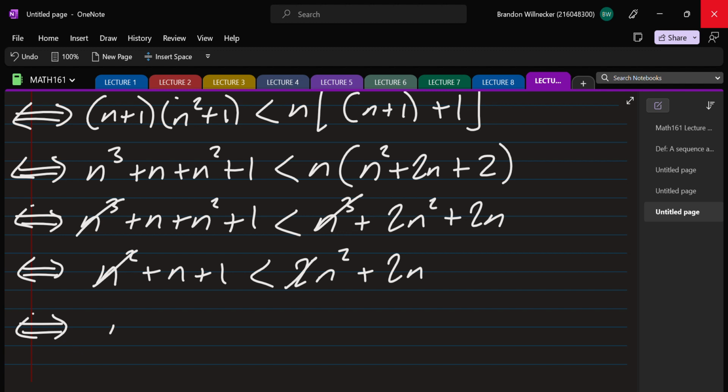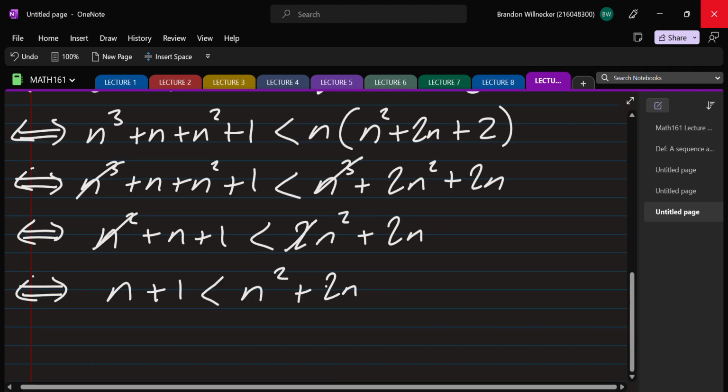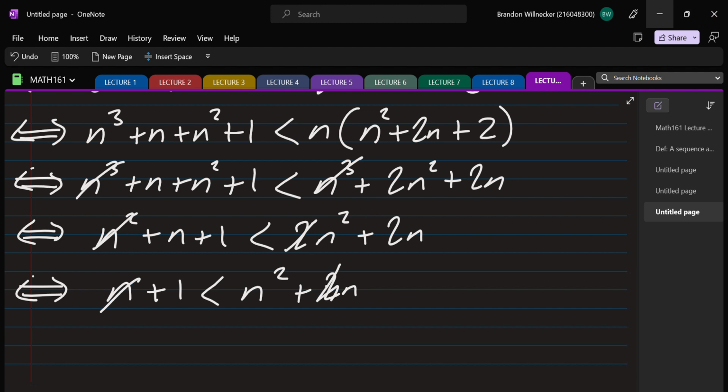So this is equivalent to n + 1 is less than n^2 + 2n. Finally, we've got an n on the one side, we've got 2n on the other. We can get rid of one of them on both sides. So here we've got 1 is less than n^2 + n.